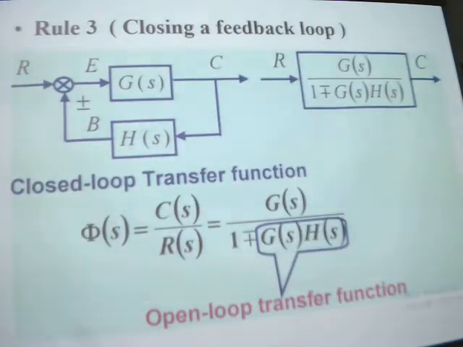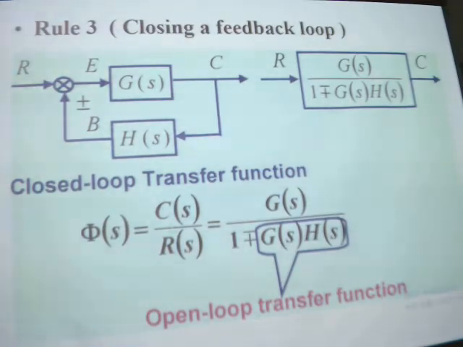Now here, this is a closed feedback loop. It's used very commonly. Now it is for the complete system. This is a closed loop system, but we can also recognize it as an open loop system in common.